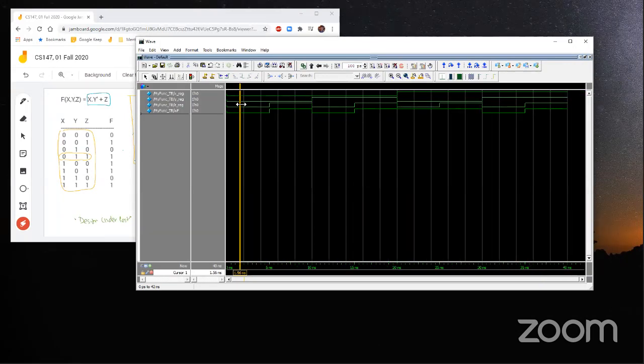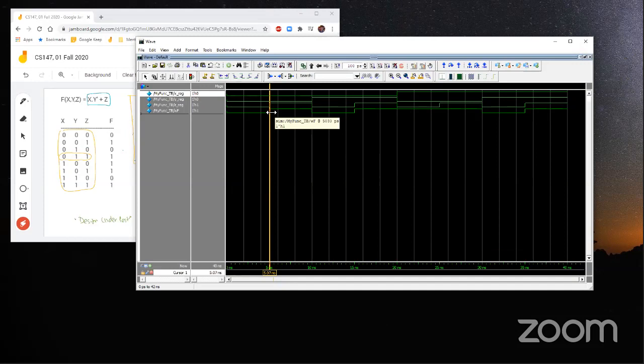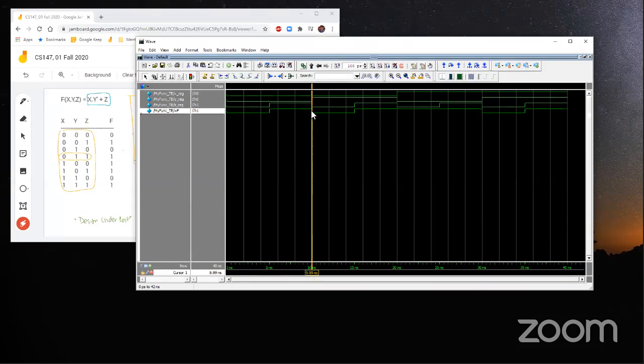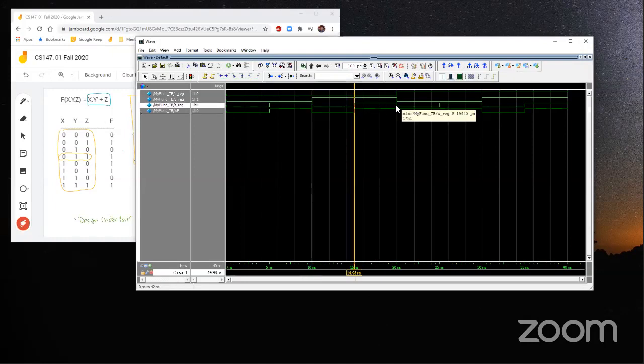Okay. 0, 0, 0, and then we are changing the Z to 1. So at that point, it becomes 1. So 0, 0, 1 is 1. Now 0, 1, 0 is 0. It's tallying with this. And then we change it to 0, 1, 1. And we have 1 back. Then 1, 0, 0. We have the same 1.